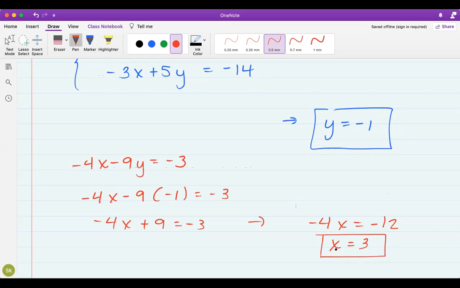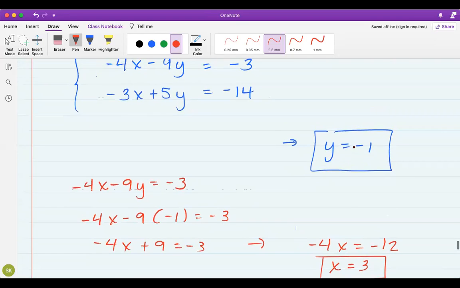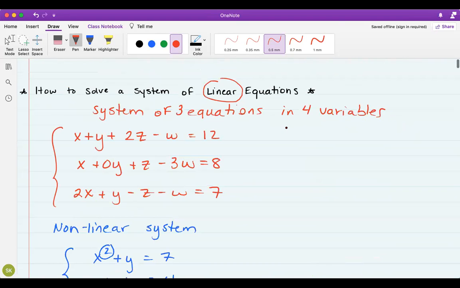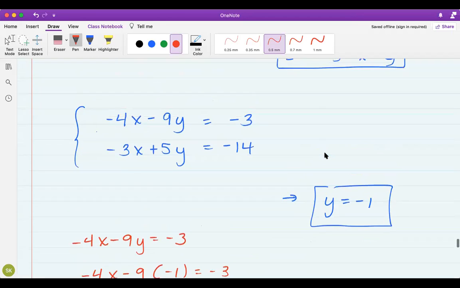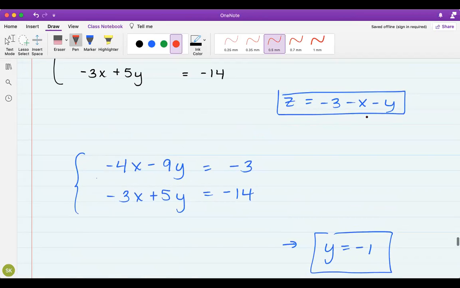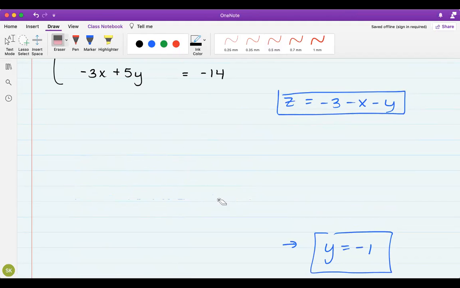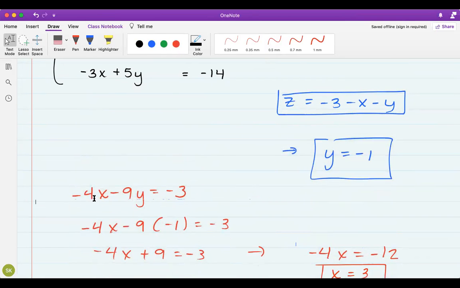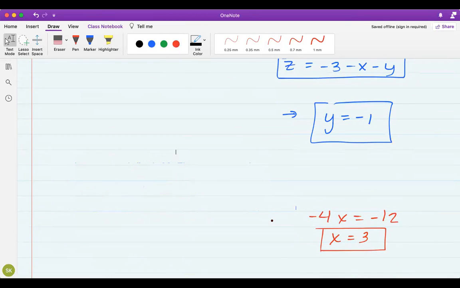So now we found x, we found y, and the last thing we want to find is z. Since we used the substitution method, we can plug it into this z that we found earlier. So let me just erase some of this. So here's our y, and here's our x.